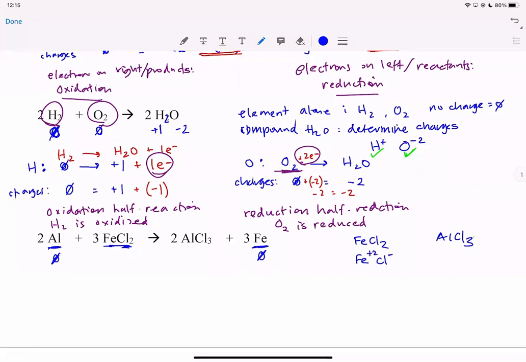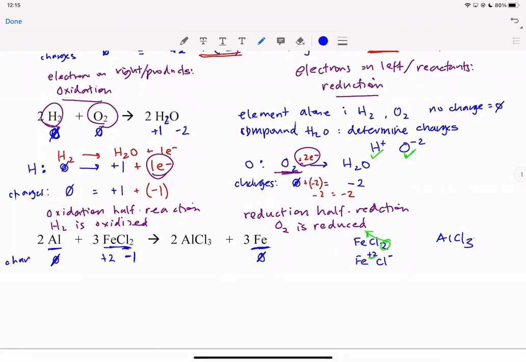The 2 picks up and becomes the charge value on Fe. So this is a +2 ion and a -1 ion, and you can write the charge values right below these. For AlCl3, this ionic compound, you write the element symbols and split them apart.